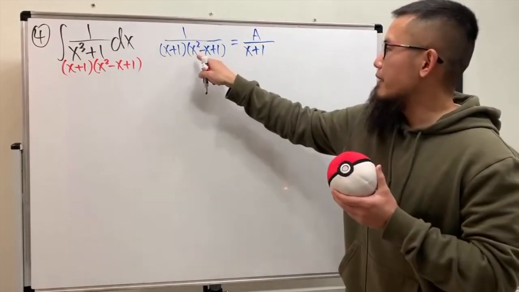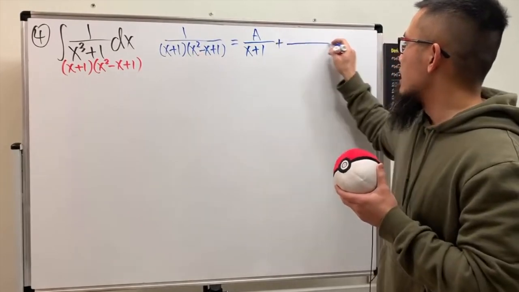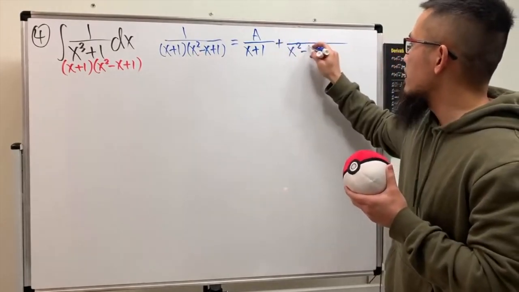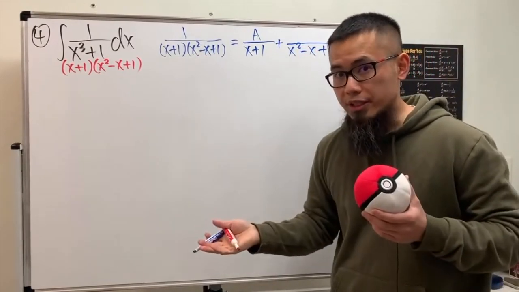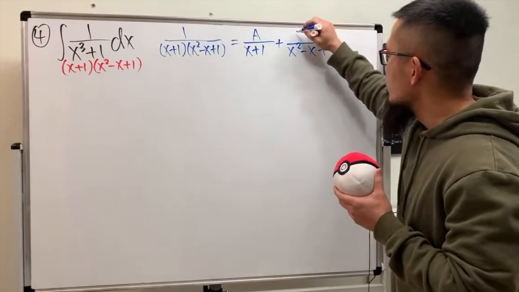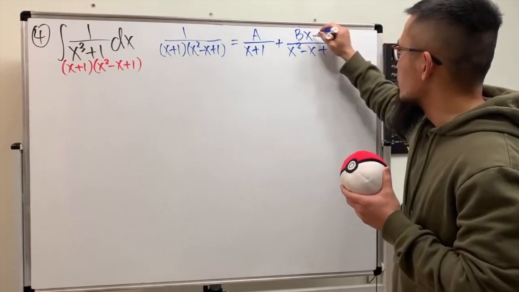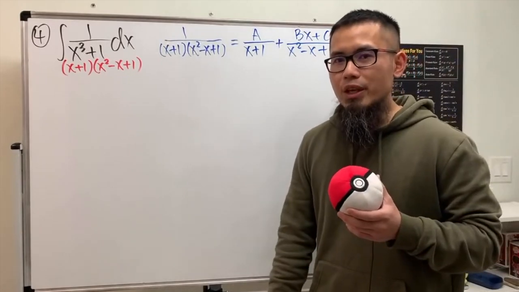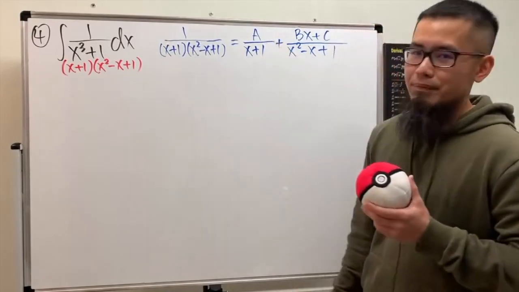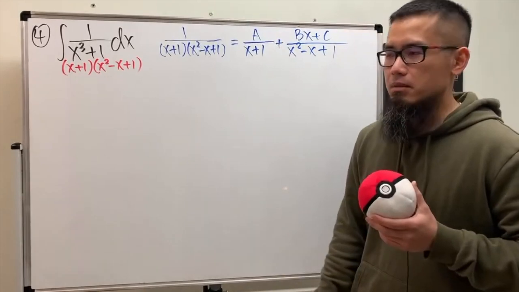And then next we have this as the denominator, which is x squared minus x plus 1. But this right here is an irreducible quadratic. So on the top, we must have a linear, so we put down bx plus c. Good news. We can use the cover-up method for a. Bad news. That's the only one we can do.